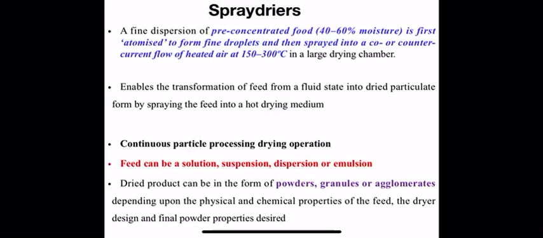So the feed with moisture of 40 to 60% is first atomized. Atomized means you are spraying the liquid to form fine droplets, which are then sprayed into a co-current or counter-current flow of heated air at 150 to 300 degrees centigrade in a large drying chamber.